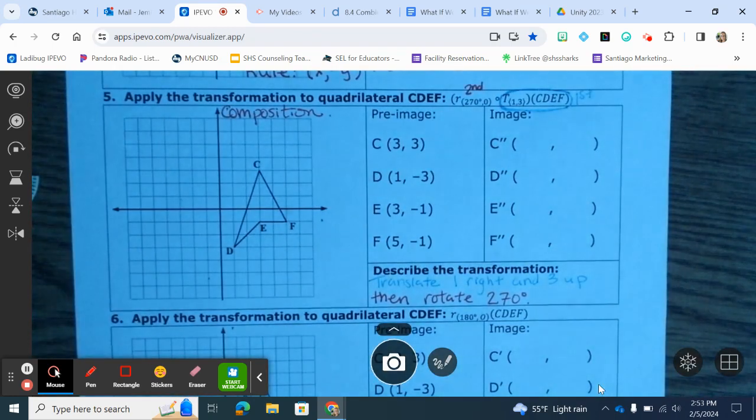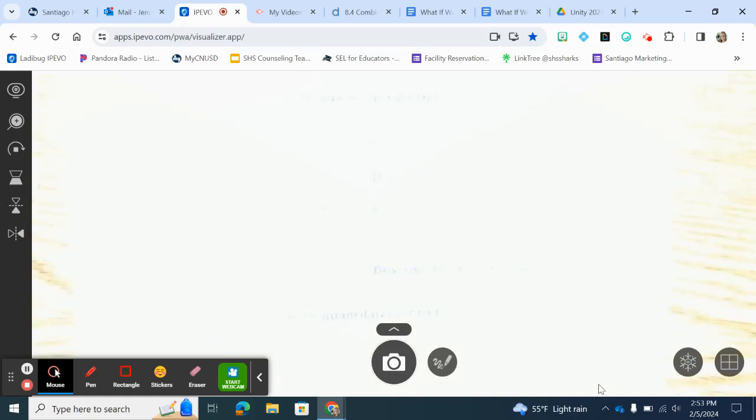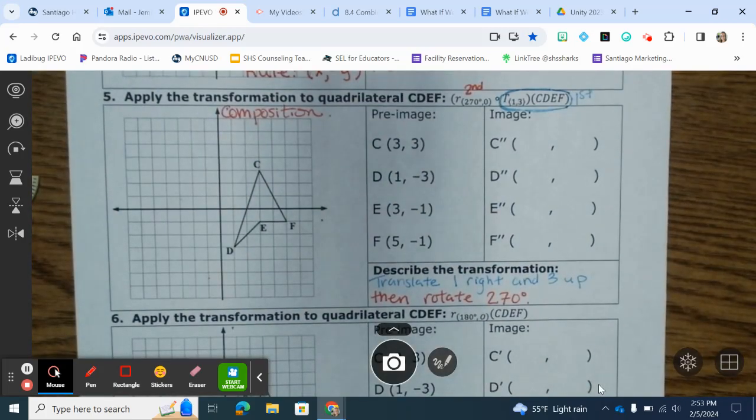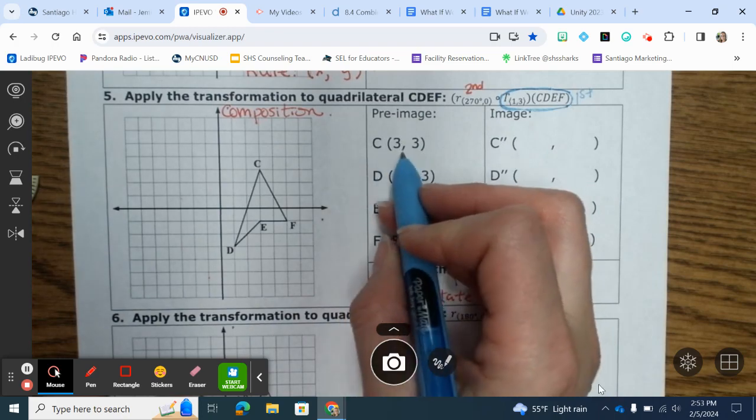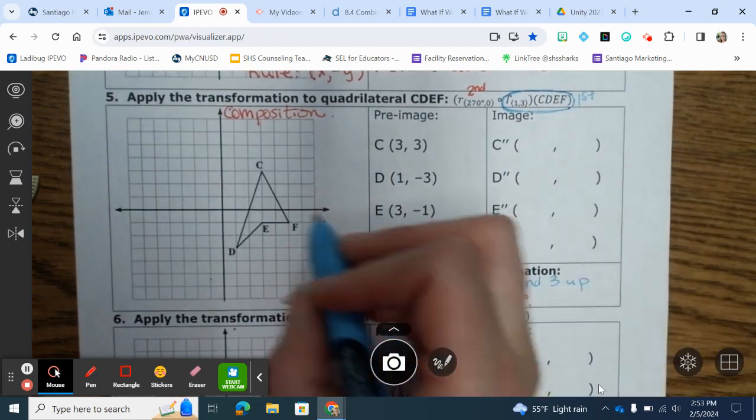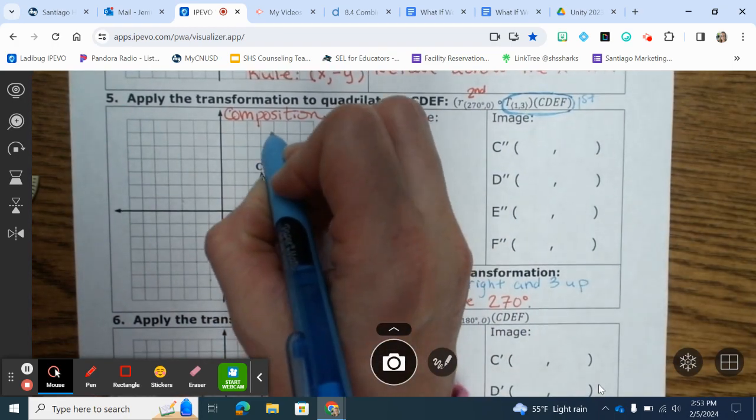This is still possible with the patty paper. Got to be a little more creative. Okay. So I'm going to translate first. So 1 right, 3 up. So each point, 1 right, 3 up.